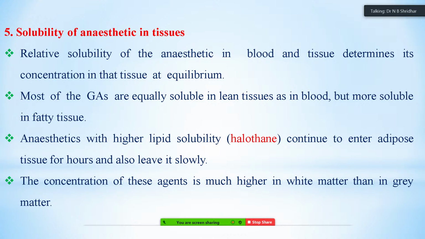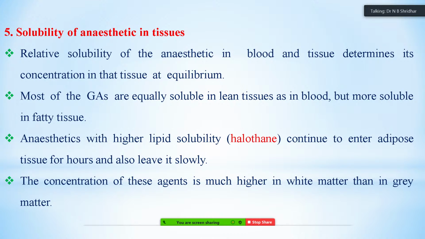Apart from solubility of the anesthetic in blood, the solubility of the anesthetic in other tissues and brain tissue is also an important factor in determining the duration of action, and also the recovery and induction. So the relative solubility of the anesthetic in blood and tissue determines its concentration in the tissue at equilibrium.